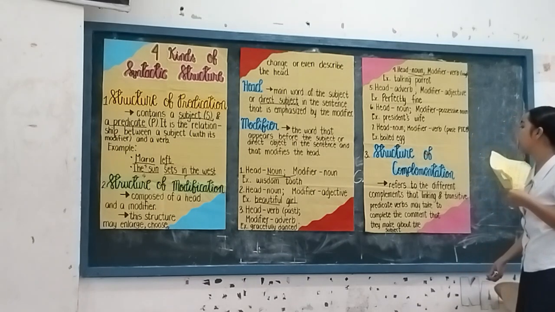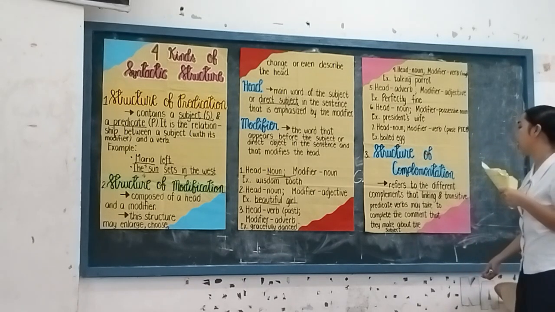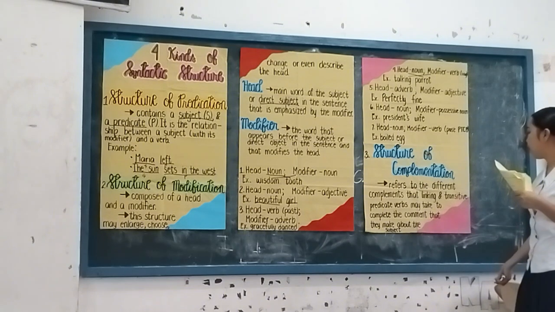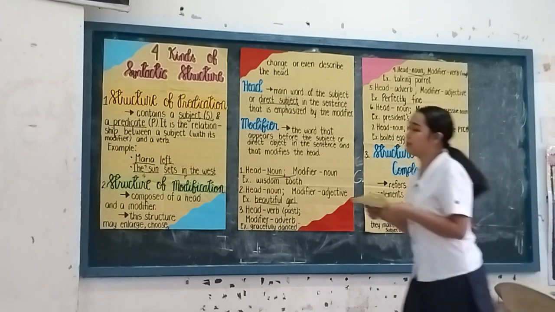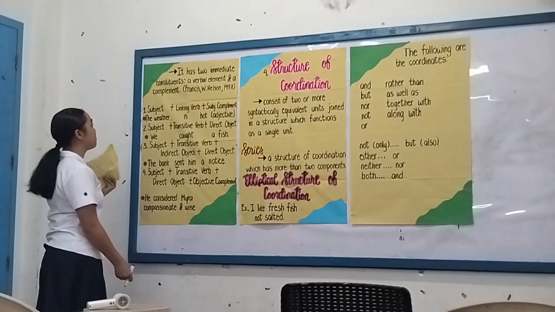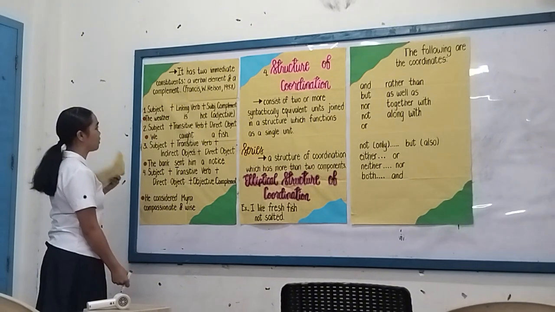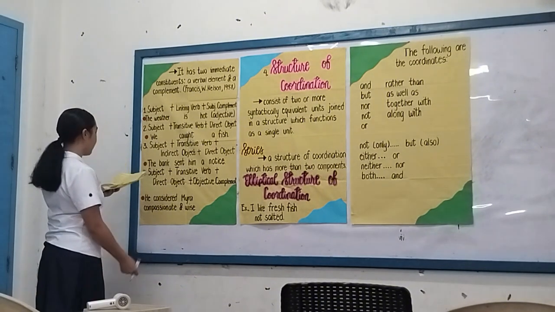And then the structure of complementation. It refers to the different complements that linking and transitive predicate verbs complete, the comment that they make about the subject. So in the structure of complementation, we have two constituents: a verbal element and a complement.